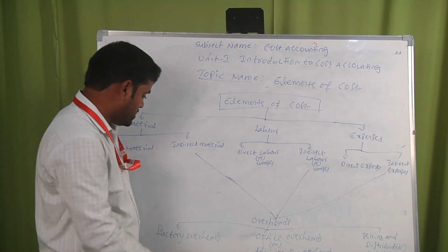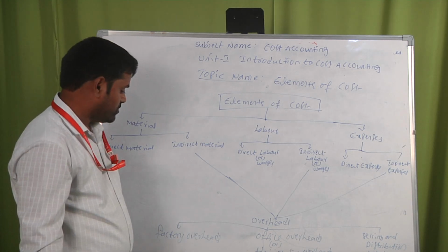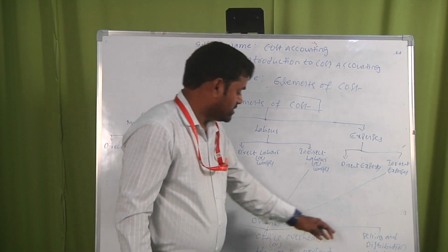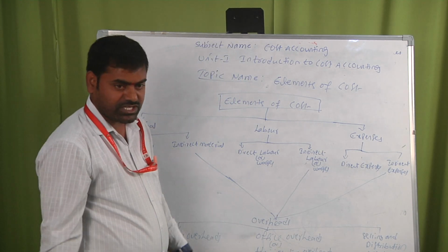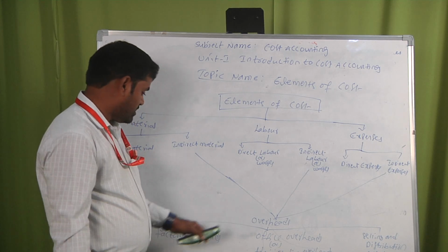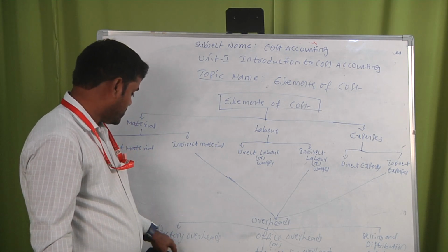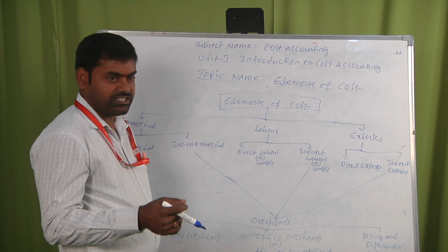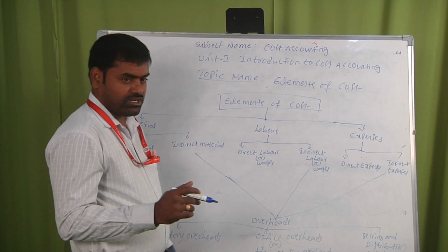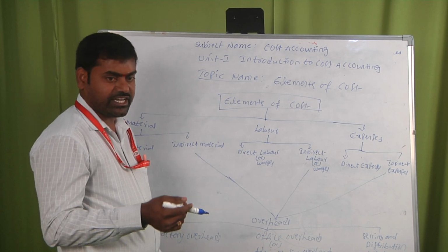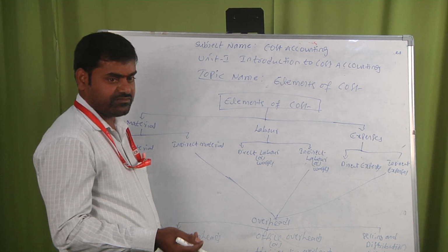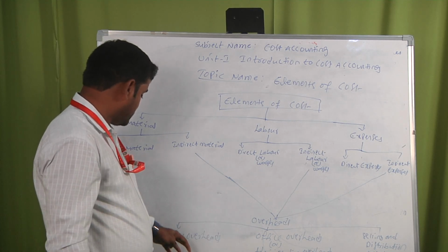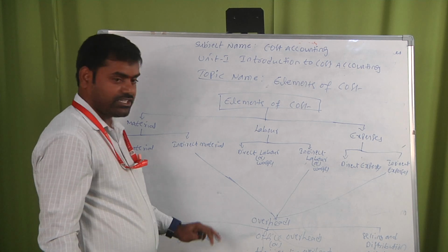These overheads have three parts: factory overheads, office and administration overheads, and selling and distribution overheads. For example, factory overheads are expenses incurred only in the factory department: indirect material, indirect labor, wages, coal and lubricating oil.